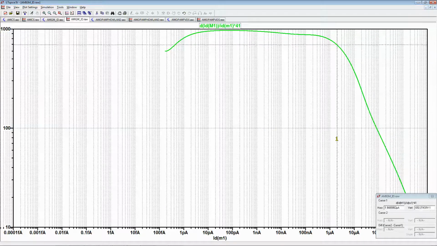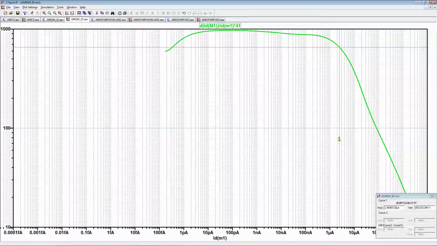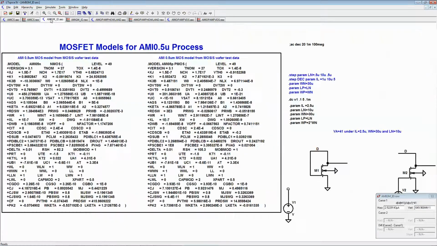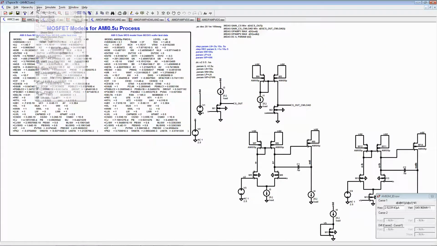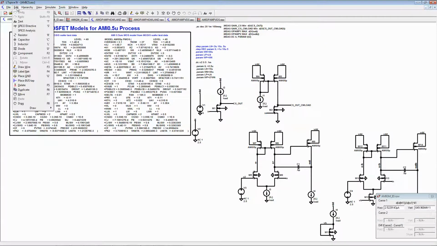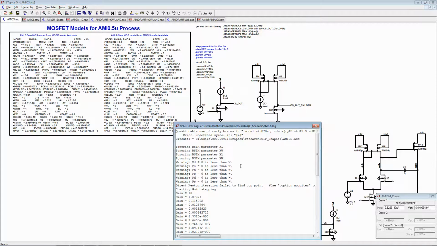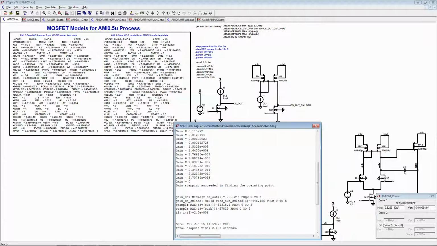So just let me put it at 2.5. I was getting 653 here. And when I view the SPICE error log, it's off by 100.